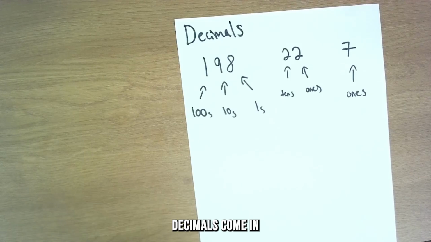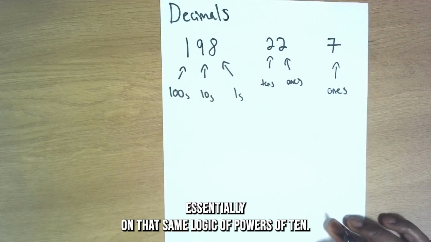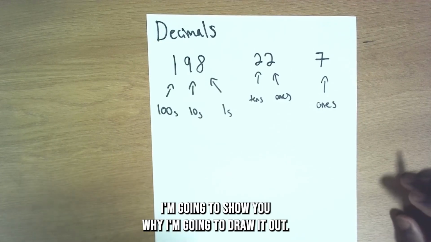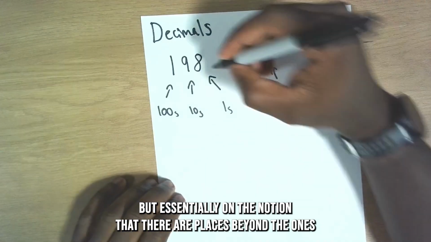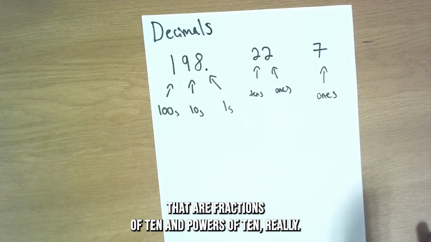Decimals come in on that same logic of powers of 10. We say powers of 10, I'm going to show you why. I'm going to draw it out. But essentially it's on the notion that there are places beyond the ones that are fractions and powers of 10.